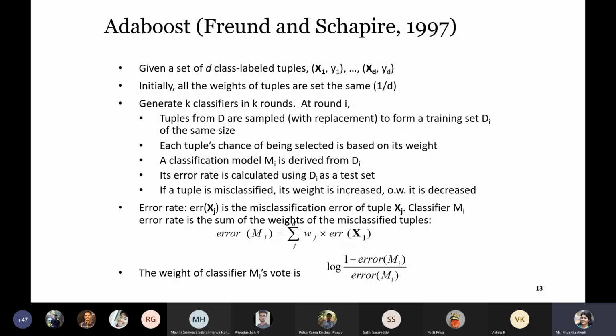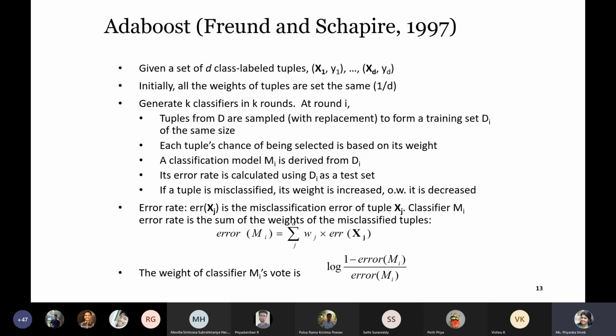What is the misclassification error of tuple xj? If the tuple is misclassified, error of xj is 1. If it is correctly classified, error of xj is 0. Now, what is the error of the model?